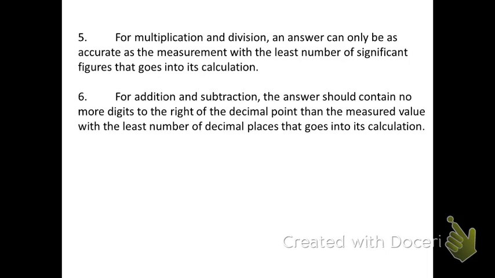Now, these are going to take some time to really fully comprehend and understand. So what we're going to do is spend some time in class going over rules 5 and 6. So we're going to hold off on them until class. However, what we are going to do is practice right now rules number 1 through 4 and see if you can determine the number of significant figures in these numbers.